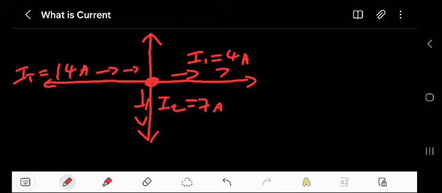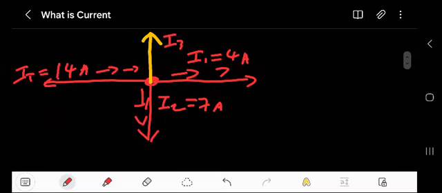What about this branch, let me call it I3. So what will be the current flowing at that branch that I've colored yellow? You must know that since we have a total, it splits here.